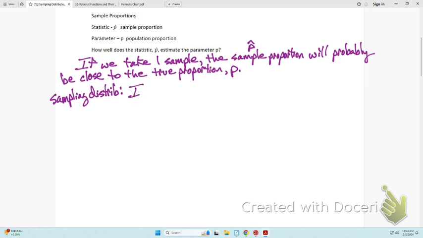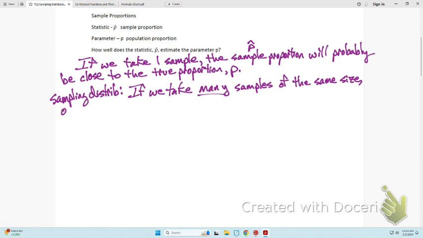If we take many, emphasize many, arguably infinite samples of the same size, that means do the same exact process every single time, over and over again, I want to emphasize that.